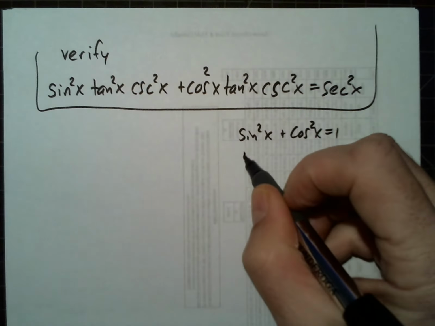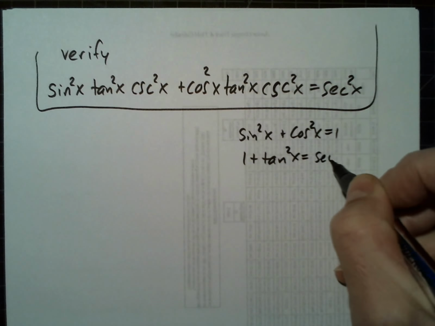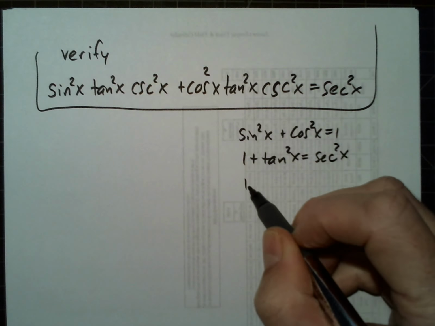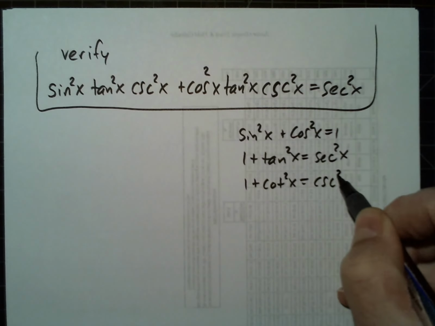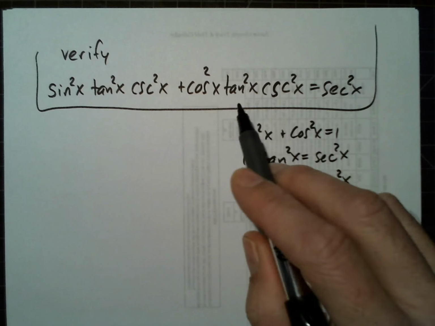Tan squared, cosecant squared, tan cosine, and we have all the other ones.